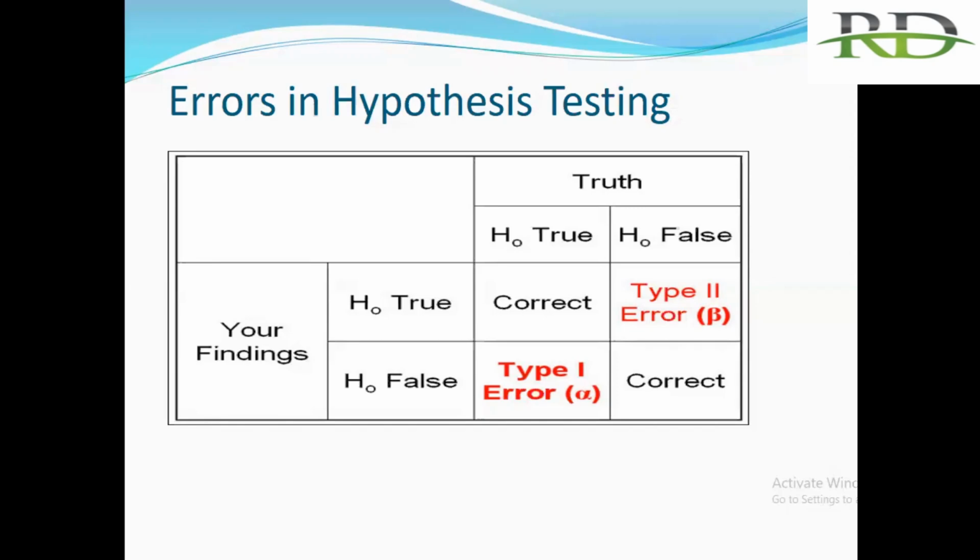Why are we discussing these two errors? In testing of hypothesis or inferential statistics, it is important to minimize these two types of error. A good test of hypothesis is one in which these two types of error are minimum.